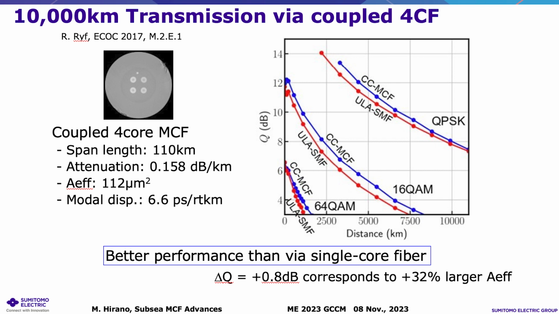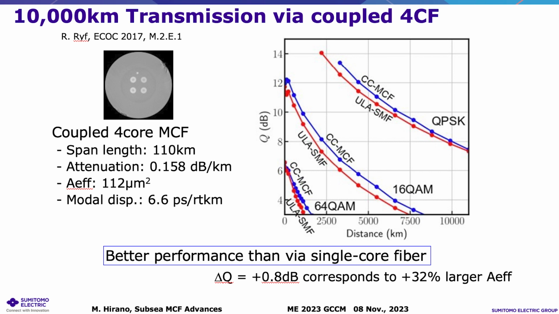And what is important in this graph? You see that the coupled core MCF has better performance compared to the single core fiber. This is because coupled core fiber has the super mode, and it means that the non-linearity is mitigated.